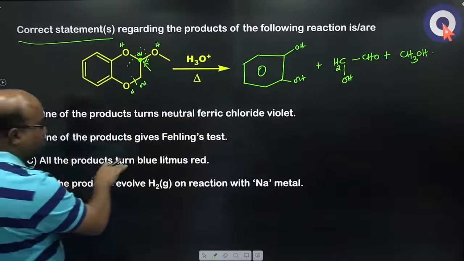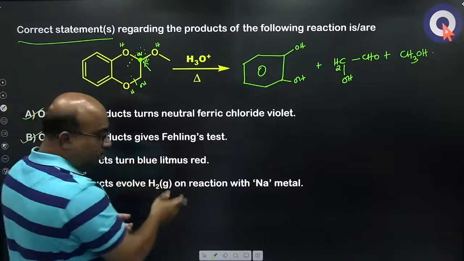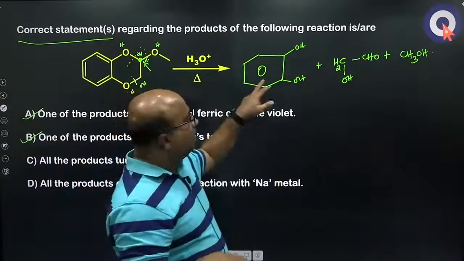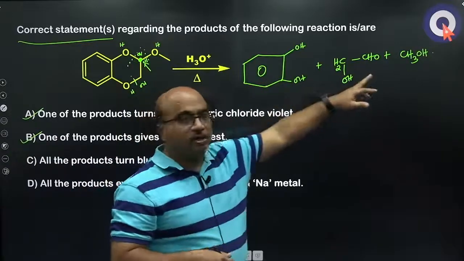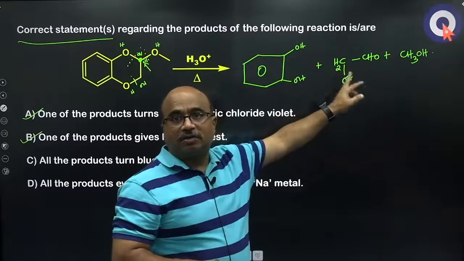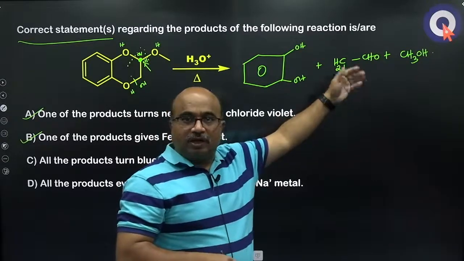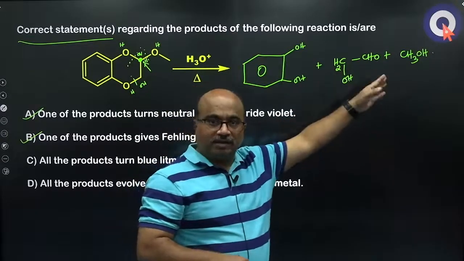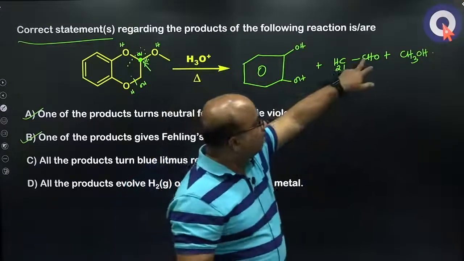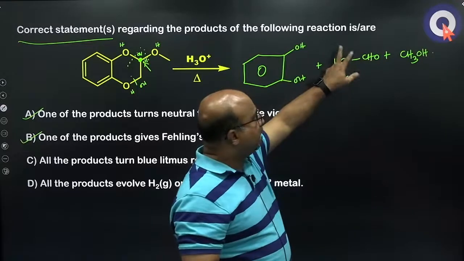All the products turn blue litmus to red, meaning they are more acidic than water. Phenol is more acidic than water, methanol is more acidic than water, but this alcohol is not more acidic than water. This OH and aldehyde part is there, so alpha hydroxy, clear? Because this carbon is the functional group carbon, this becomes the alpha carbon.